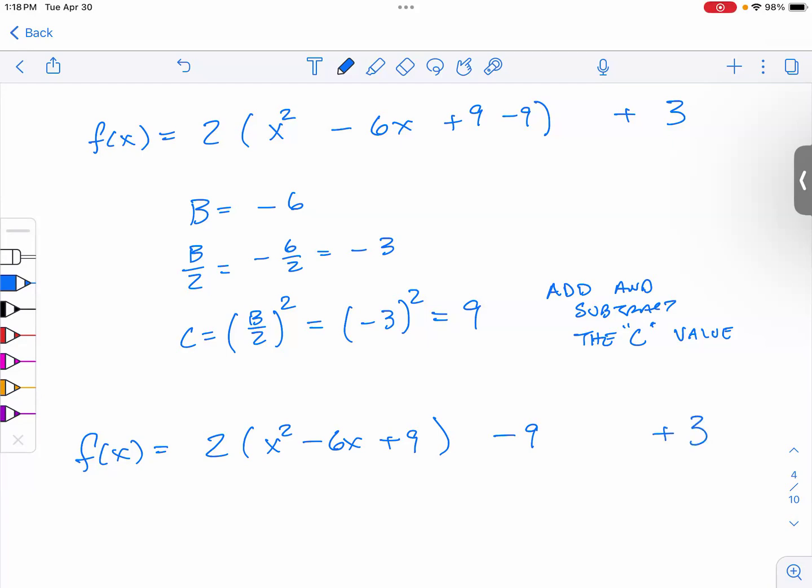The reason I added and subtracted it inside the parentheses is because there's that 2 associated, which means in order to get it out, that 2 has to come with it. So I'm not changing anything, and I'm just getting this into a prettier form.